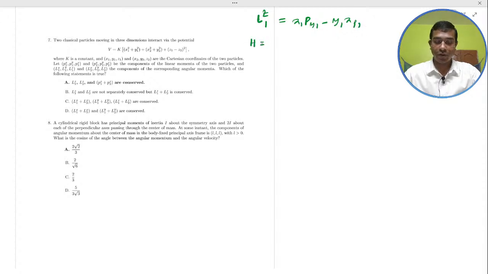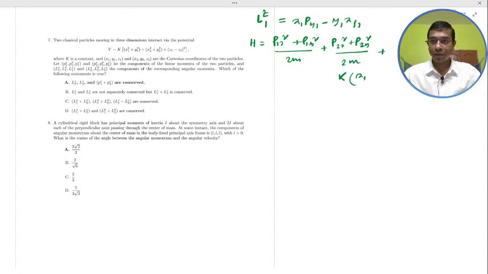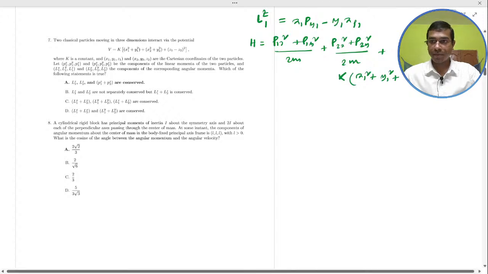So here the Hamiltonian is p1x square plus p1y square by 2, plus p2x square plus p2y square divided by 2, plus k into x1 square plus y1 square plus x2 square plus y2 square plus z1 square plus z2 square minus 2 z1 z2.